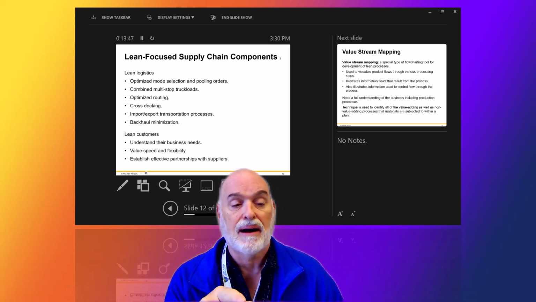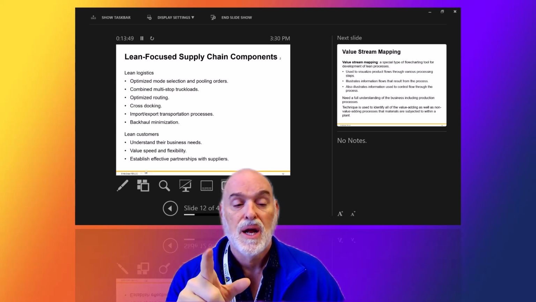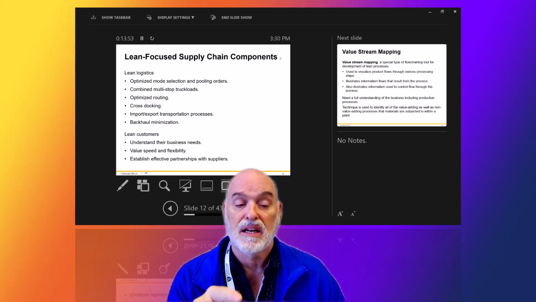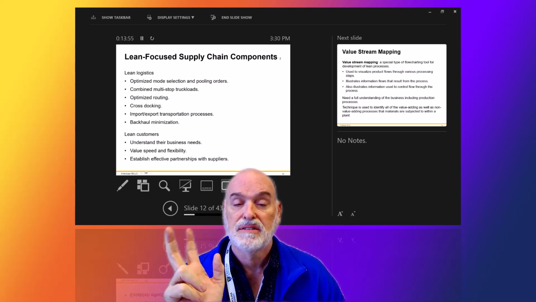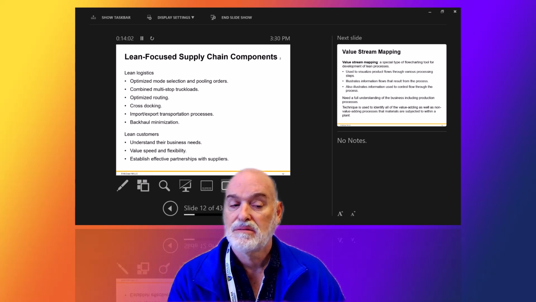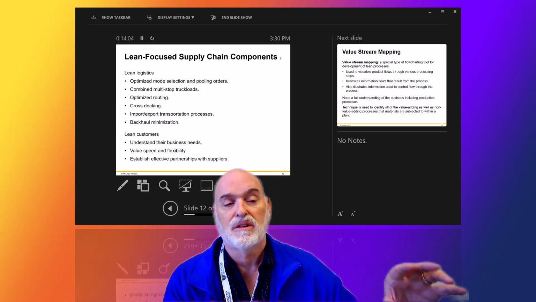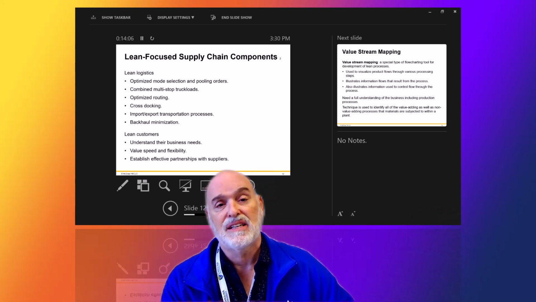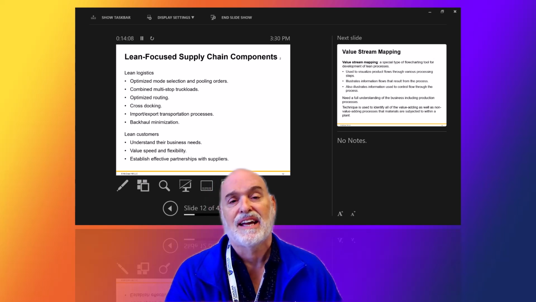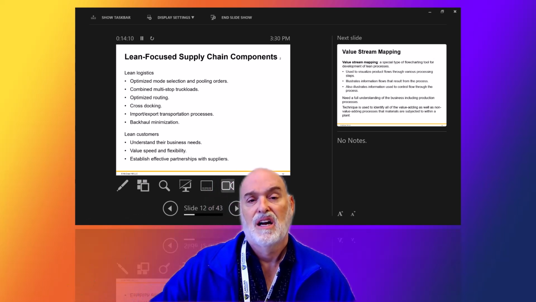So Lean logistics: optimize mode selection and pooling orders, combined multi-stop truckloads, optimize routing, cross-docking. Anyone know what cross-docking is? Cross-docking is when product is delivered and as soon as it comes off the truck, it gets shipped on another truck.